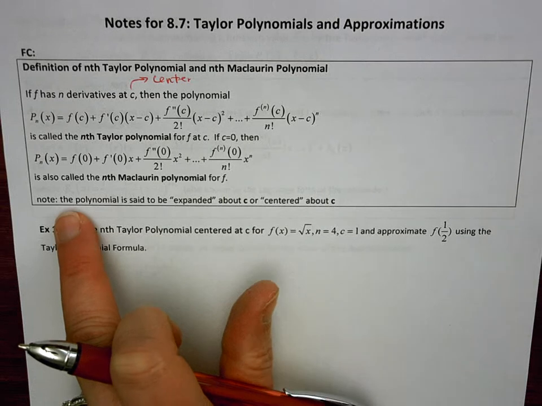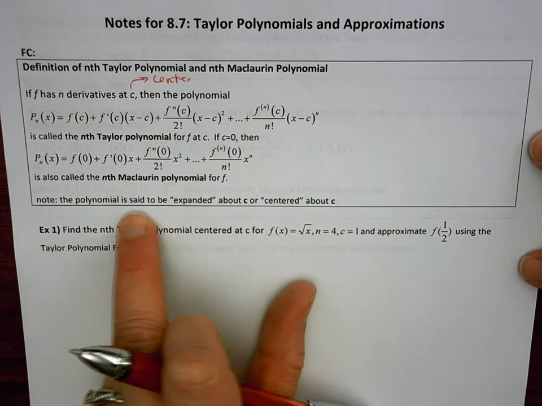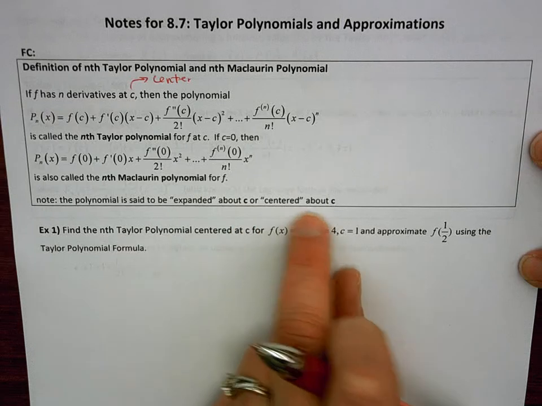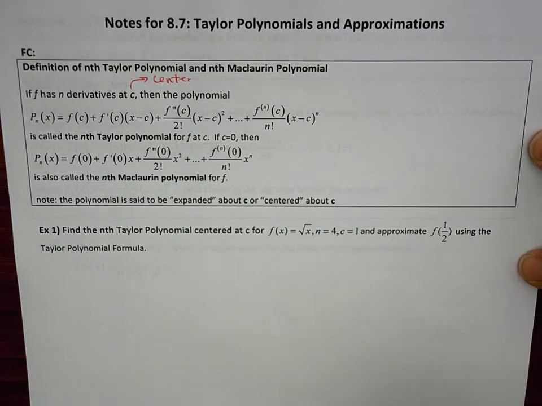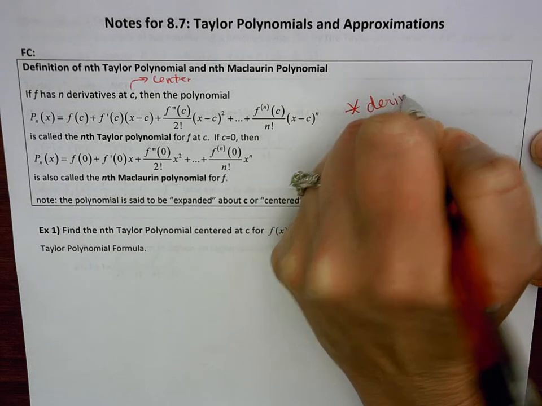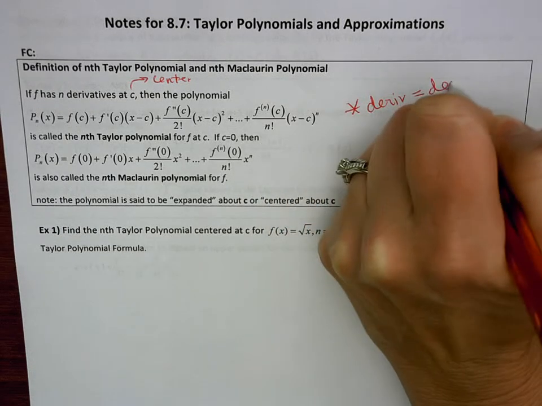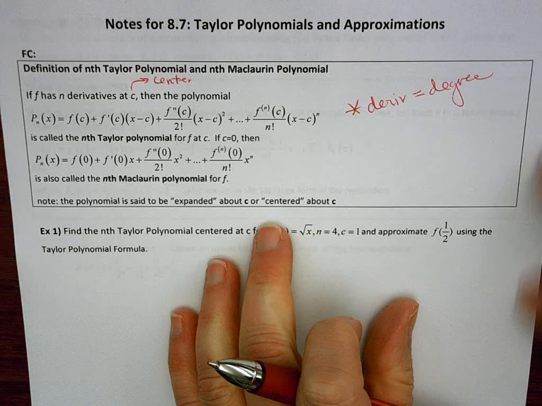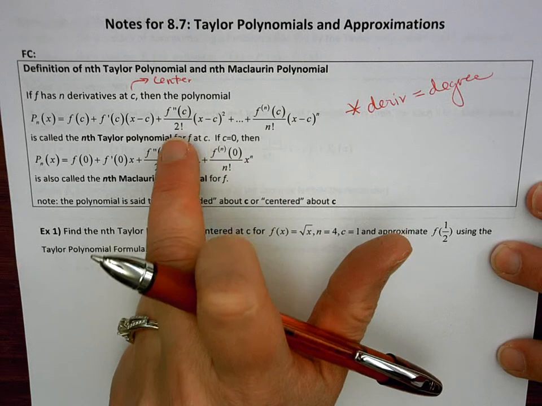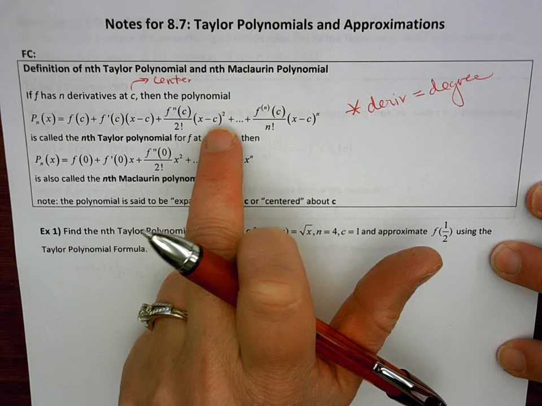And so how we talk about that is we say the polynomial is said to be expanded about c or centered about c. One thing to watch for is our derivative. Whatever derivative we're working with should always match our degree. Meaning if we're working with the second derivative, it would be 2 factorial and the power of 2.